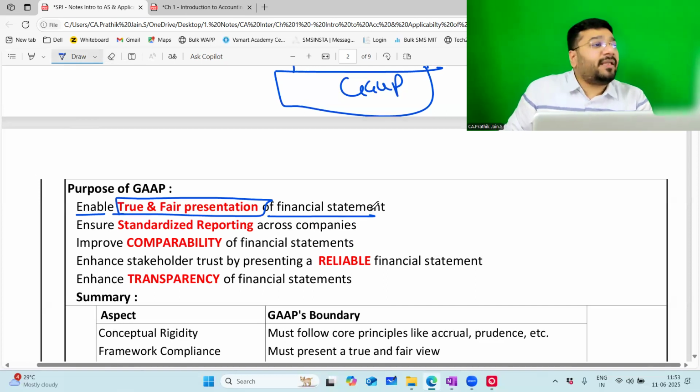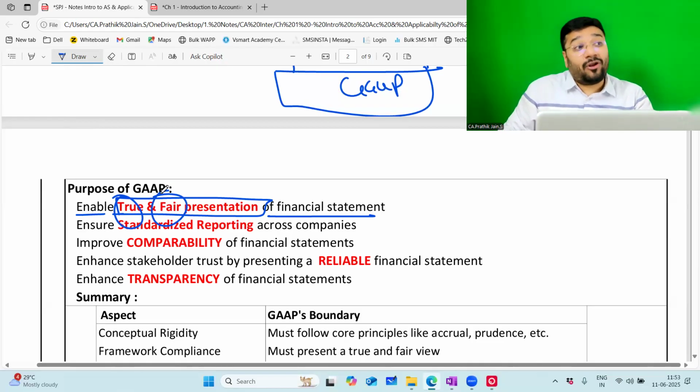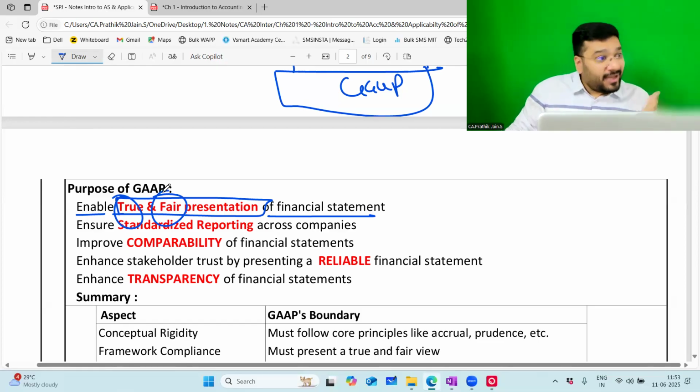The financial statement that you're going to present, we want that to be true. Means what? It should not be manipulative. It should not be false. It should not be misleading. And the data that you present should be fair. It should not be unfair. Anticipating income is fair or unfair? Unfair. Anticipating too much losses unnecessarily, overthinking, again unfair. 1 crore is my revenue. I'm recording as 100 crore.